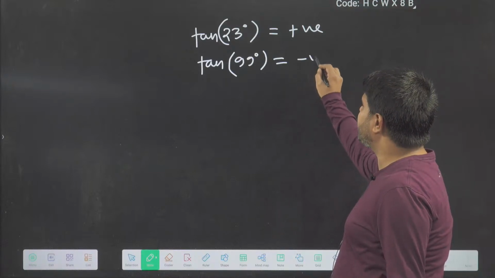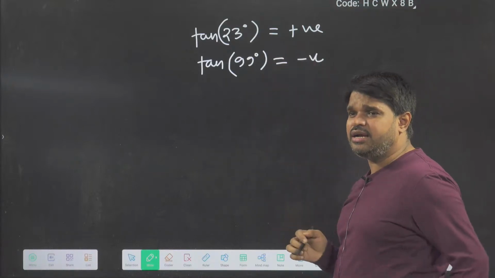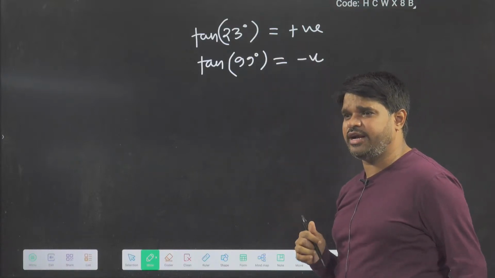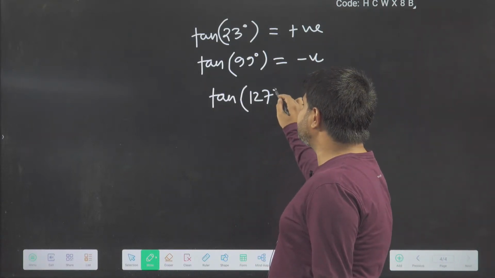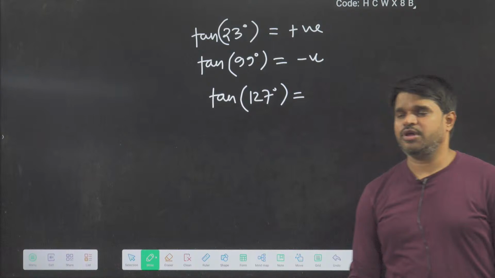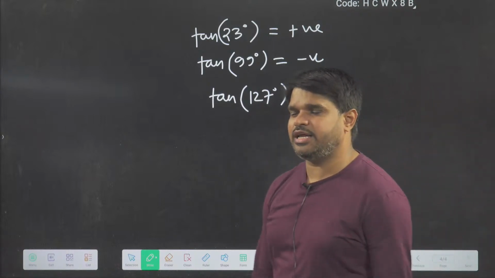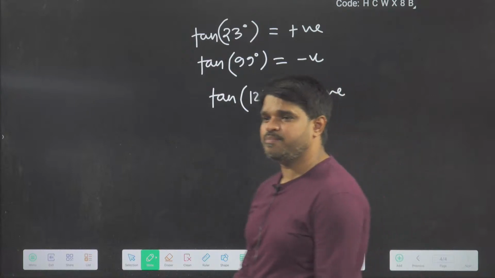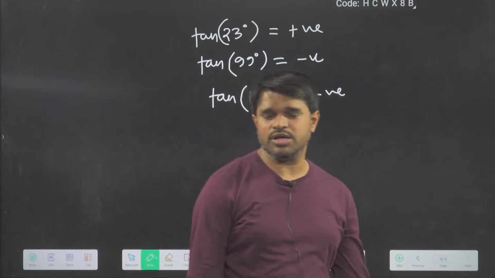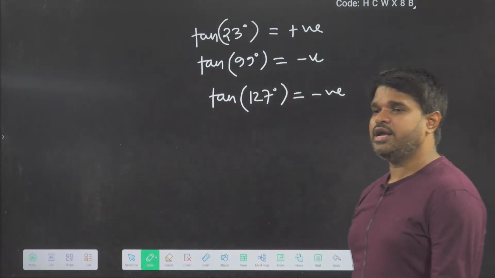It is going to be negative. More than 90, less than 180. Tan 127 degree. Positive or negative? This is also negative.